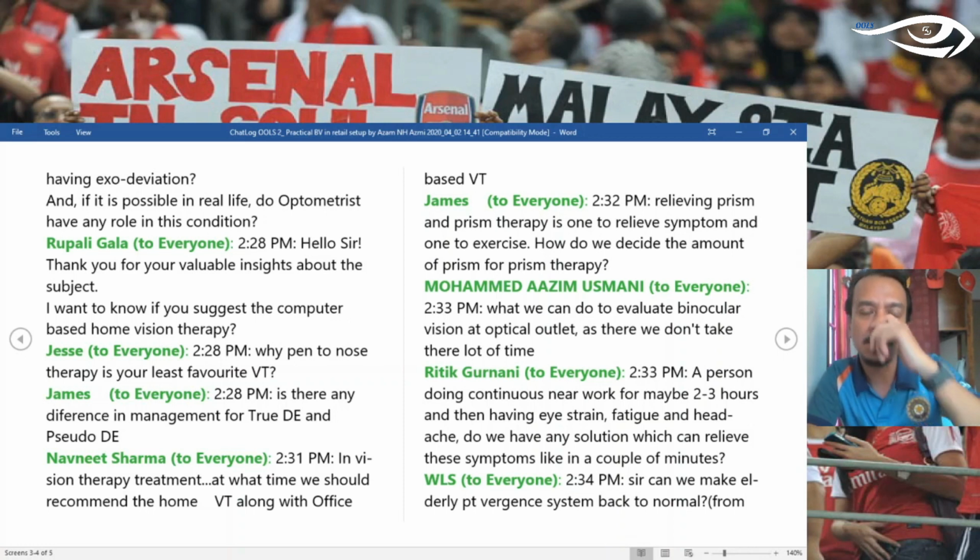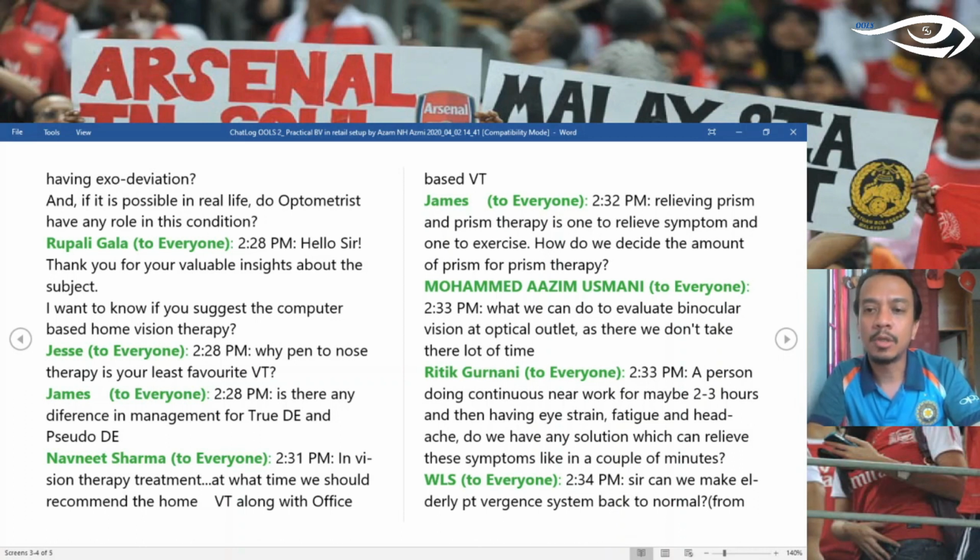And if you want the patient to overcome his or her symptoms immediately, usually what I will do first is to ask them to do some visual hygiene. The 20-20-20 rule is a good idea and a good starting point to assess whether or not the symptoms can be alleviated by taking a frequent break from the near task, right?